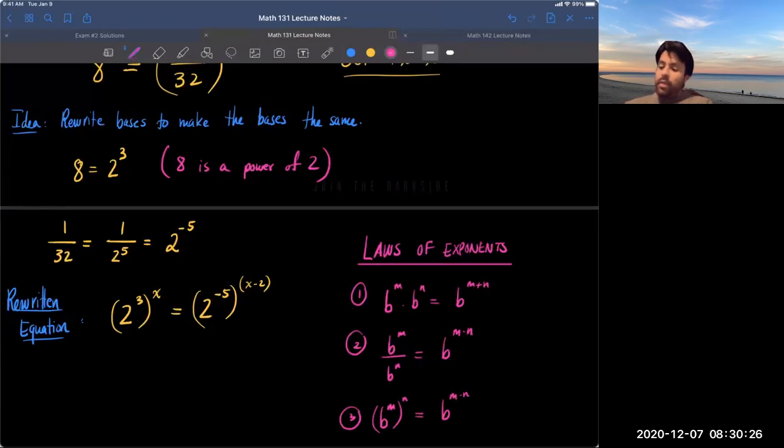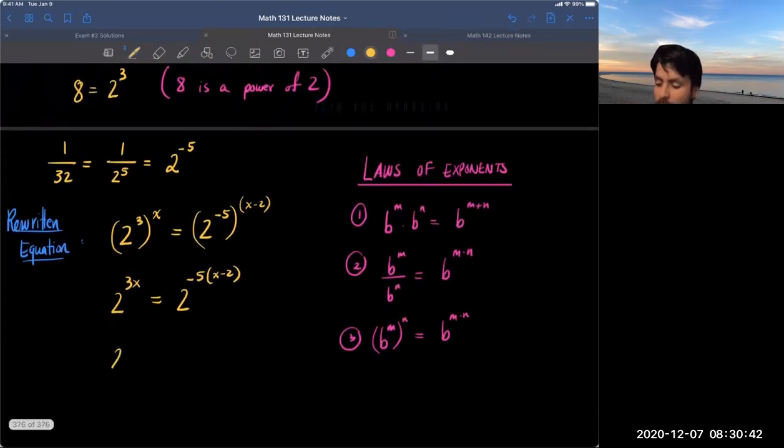So in this case, I can rewrite this as 2 raised to the 3x, because 3 times x is 3x. And then this equals 2 raised to the negative 5th power times x minus 2. So I multiplied negative 5 with x minus 2. And I get 2 to the 3x equals 2 to the negative 5x plus 10. So these are the same, right?